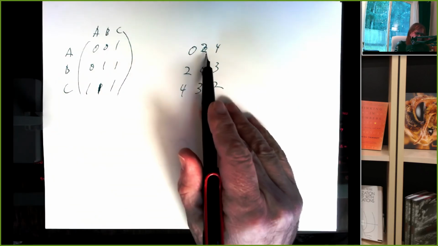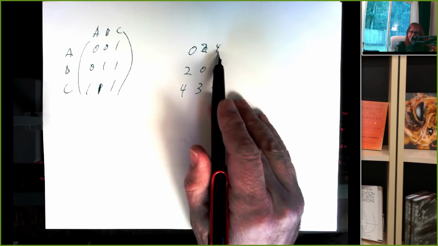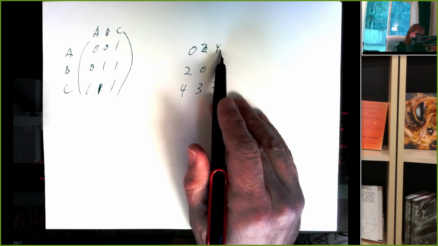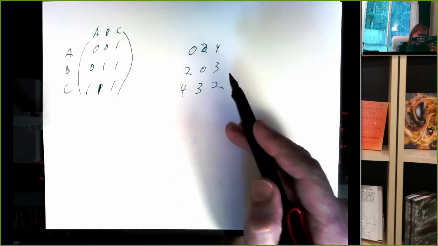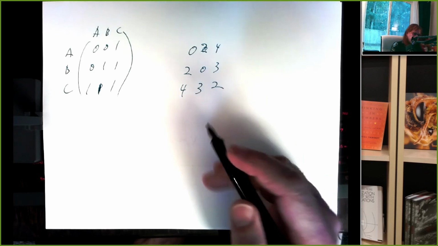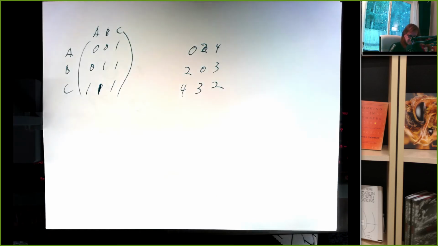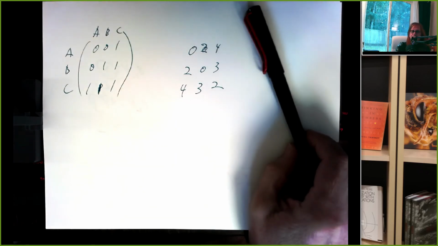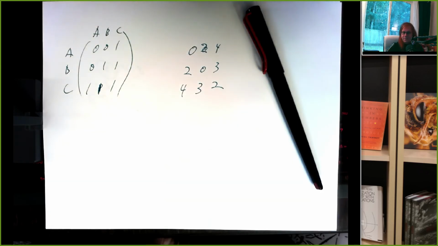Which says A and B have 2 links between them, A and C have 4 links between them. And so close to the end of this course, we're going to talk about graph theory.